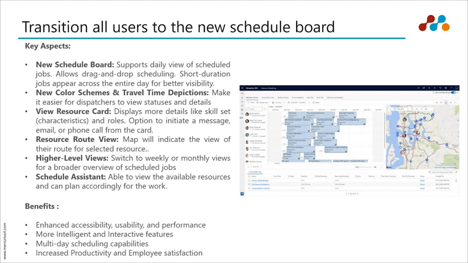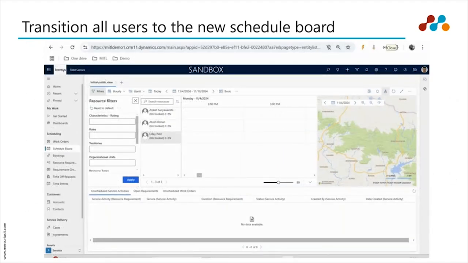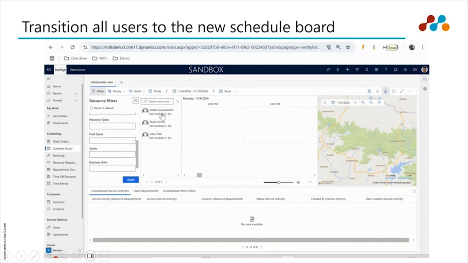If we want to have a quick look and feel of the new schedule board, you can just check over here. There is a filter parameter where the dispatcher can add specific filters and get a specific resource in order to assign the task. This is the grid. This is the map which we talked about.